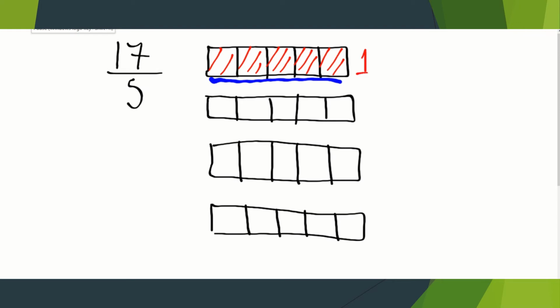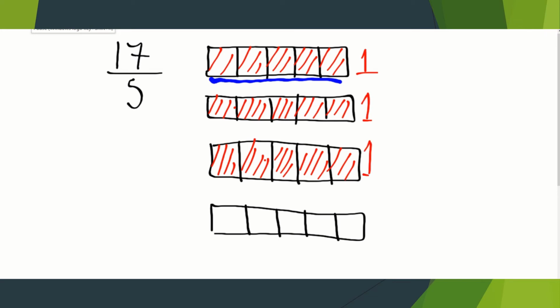I have one whole one. 6, 7, 8, 9, 10. I have another whole one. 11, 12, 13, 14, 15. I have another whole one. 16, 17. So in this last shape I have 2/5.